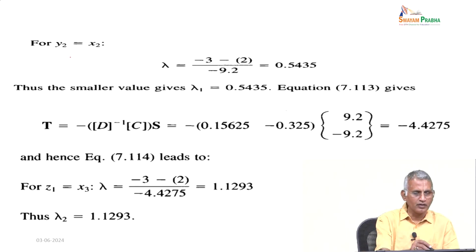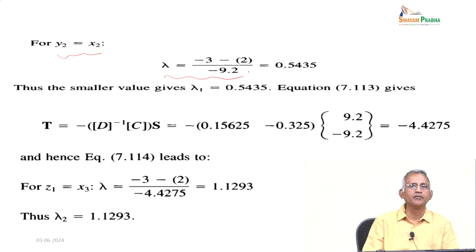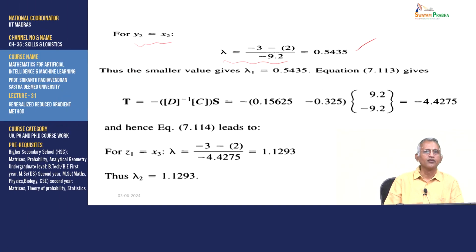If y2 equal to x2, then lambda will be minus 3 minus 2 divided by minus 9.2, equal to 0.5435. Therefore, the smaller value gives lambda 1 equal to 0.5435.